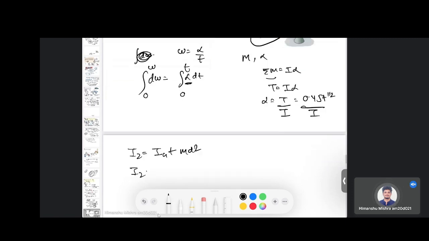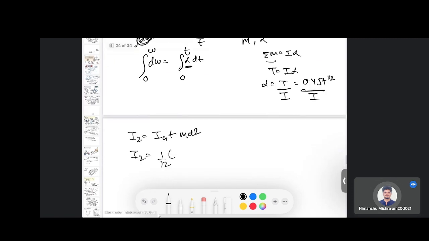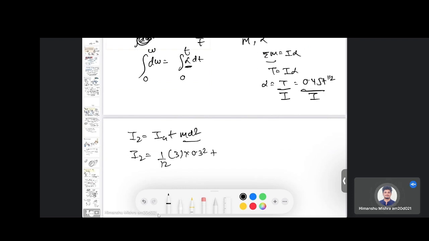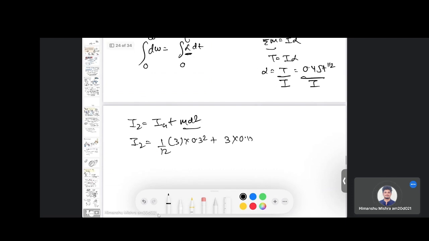So IZ will be 1 by 12 times 3 multiplied by 0.3 square, plus m d square, which is 3 multiplied by this distance, 150 millimeter, 0.415 square.